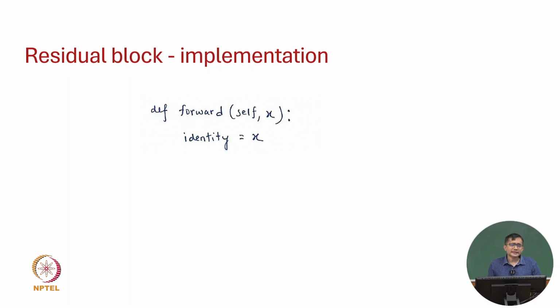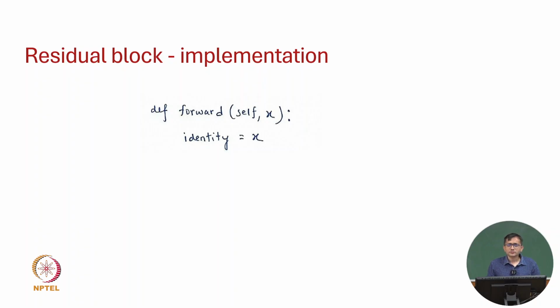We are talking directly about the forward function, and the input is x, right? The first thing we do is save this x in another variable. This is the identity. Why are we calling this identity? Because this is what we will later use to add back. That's why we have given this name identity.